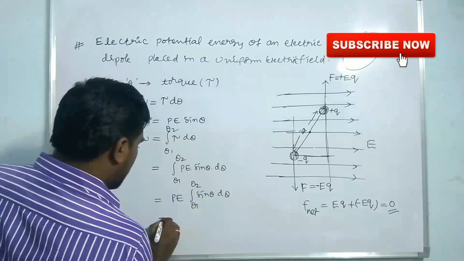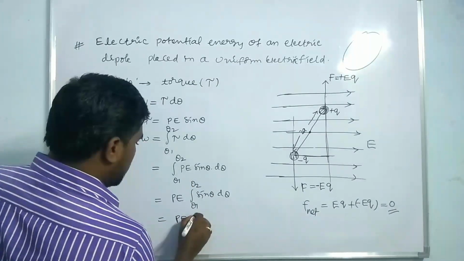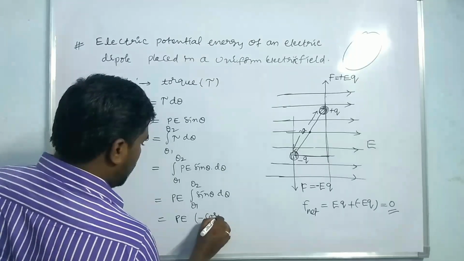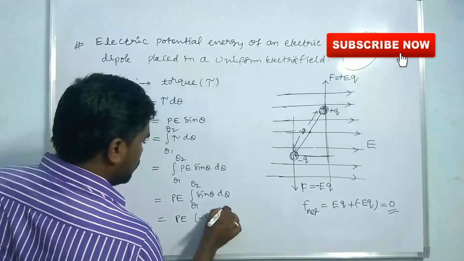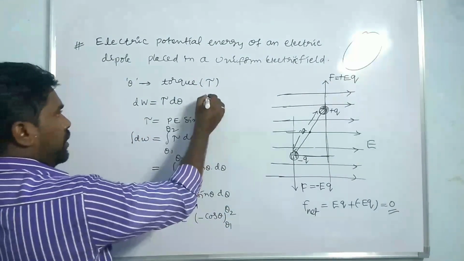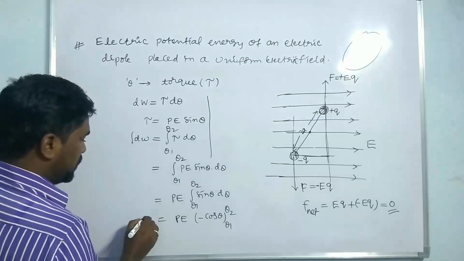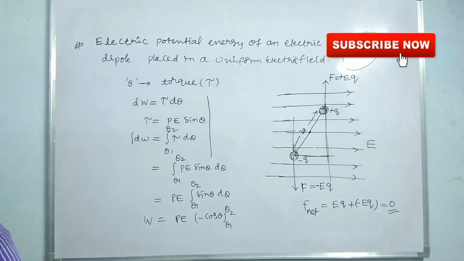The integral of sin theta d theta is minus cos theta from theta 1 to theta 2. Now we apply the limits. This is the total work done.